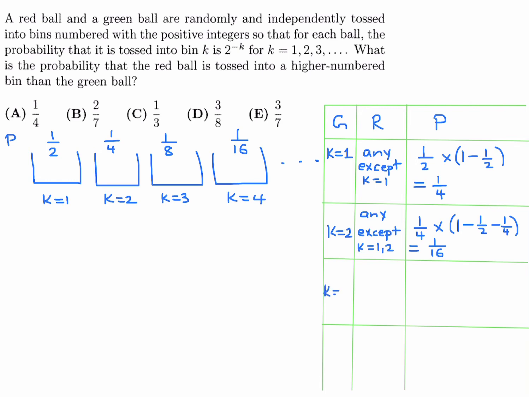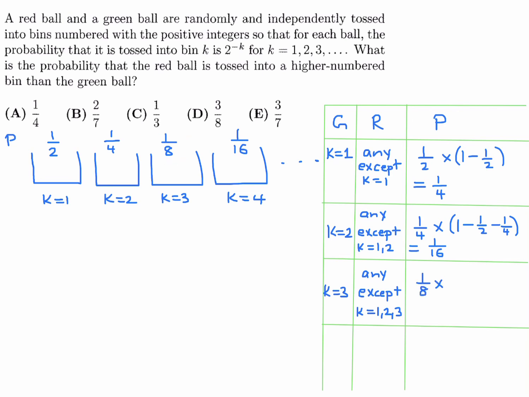All right, let's keep going. K equals 3. Again, it can be in any except k equals 1, 2, or 3 in order for this rule to hold, that the red ball is tossed into a higher numbered bin than the green ball. Okay, probability that g goes into k equals 3 is 1/8. So that goes there.